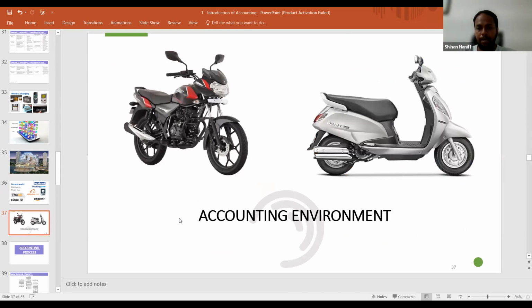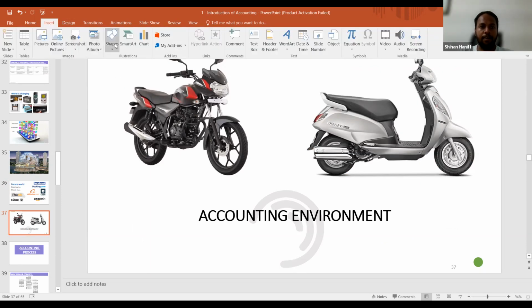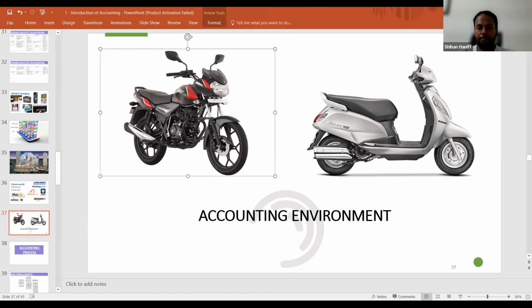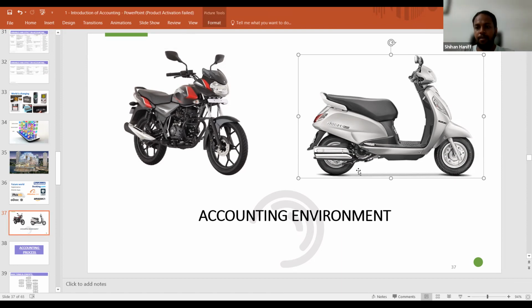This is a question which I'm going to discuss about the accounting environment. Now you might have seen this. About 10, 15 years ago, we had only these bikes. Okay. Then there was an environmental change and the Scooty came to the market.